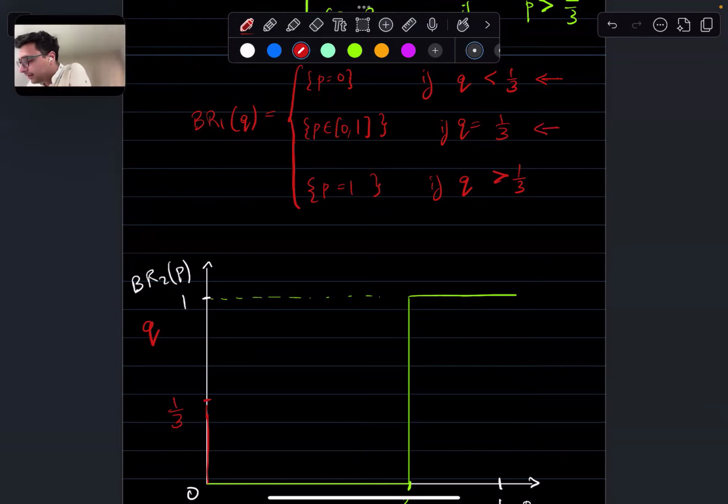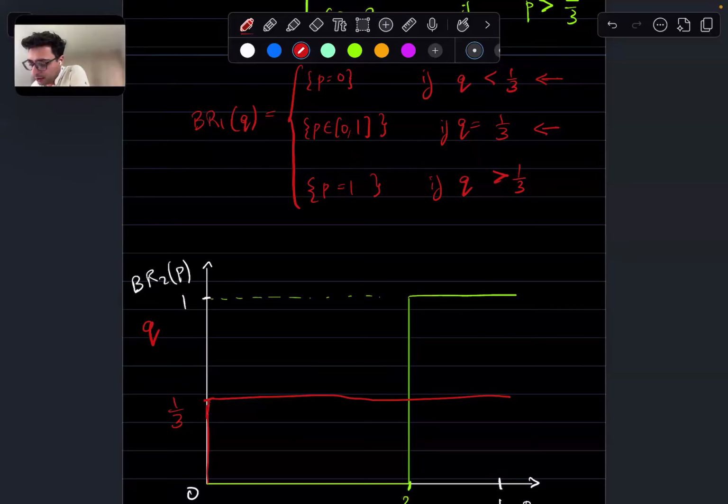When Q is exactly equal to 1/3, P can take any value between 0 and 1. So that is this part. So when Q is exactly 1/3, P equal to 0 is the best response, P equals 0.75 is the best response, everything is the best response. And when Q is greater than 1/3, for these values of Q, my best response has to be P equal to 1.